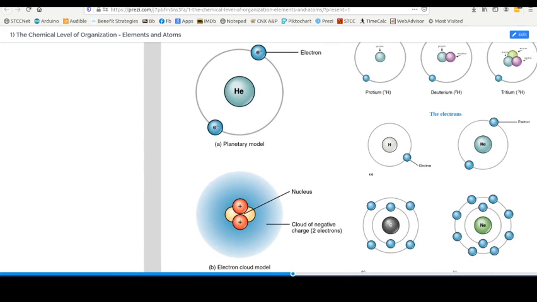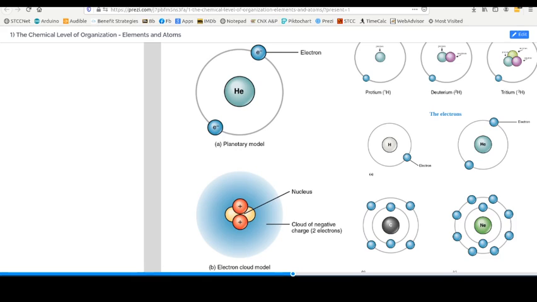The two models represented here are referred to as the planetary model or the electron cloud model, both of which were developed out of an early understanding of atoms. Originally, matter was thought to just be a homogeneous field of stuff, and as scientists started to get more understanding of what made that stuff up, atoms started to be modeled in a little bit more precise way.